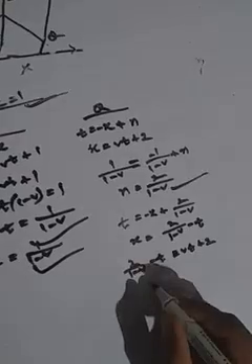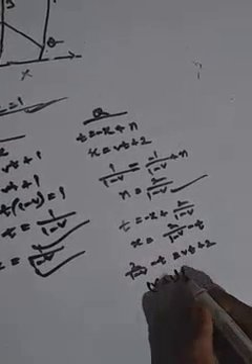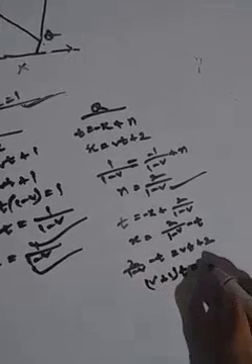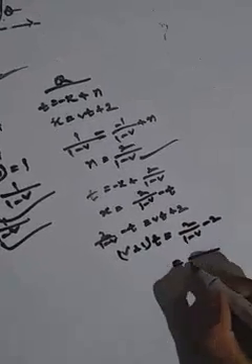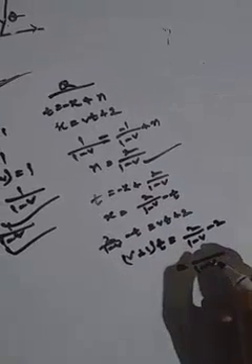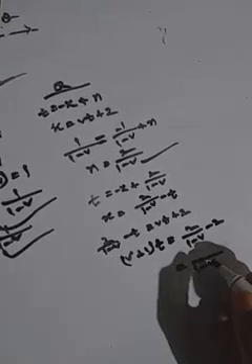Okay, let's see. Then v plus 1 times time becomes 2 by 1 minus v minus 2. Then this gives us 1 minus v, 2 minus 2, 0, plus 2v.